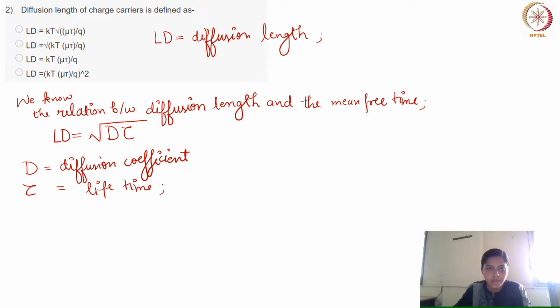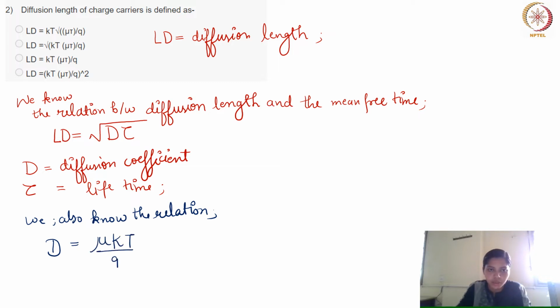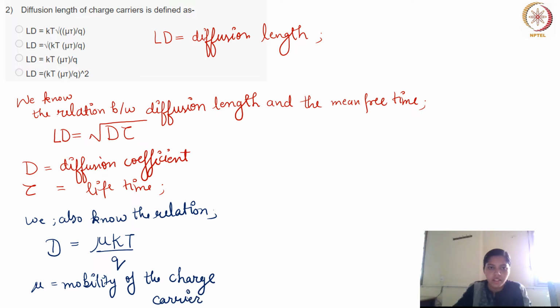Okay. And we also know the relation which relates the diffusion coefficient D, which is mu kT divided by q, where mu is the mobility of the charge carrier, and k is your Boltzmann constant.